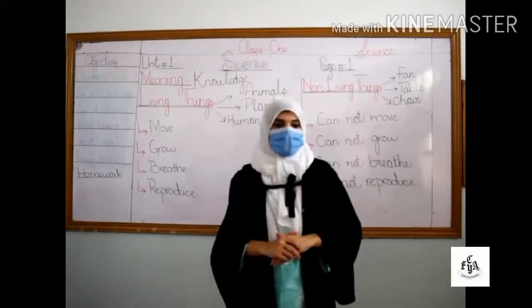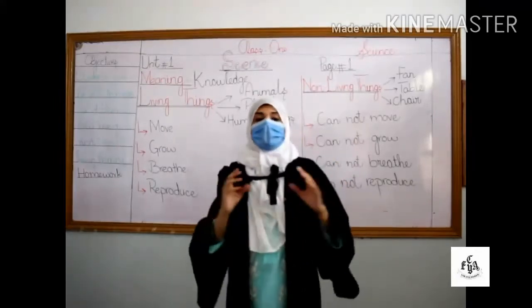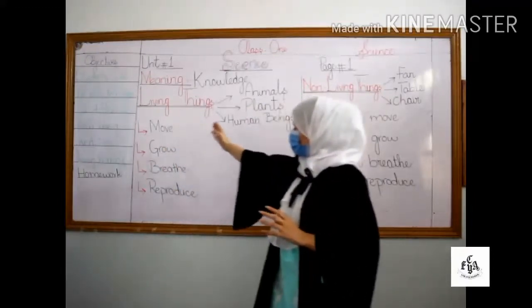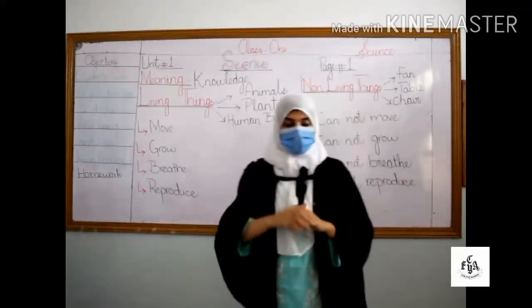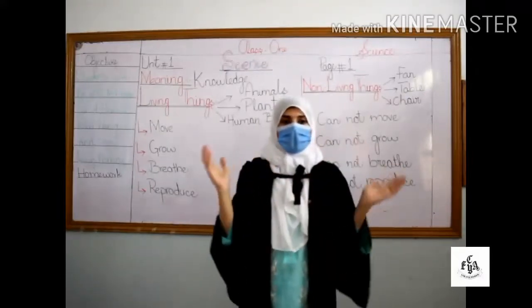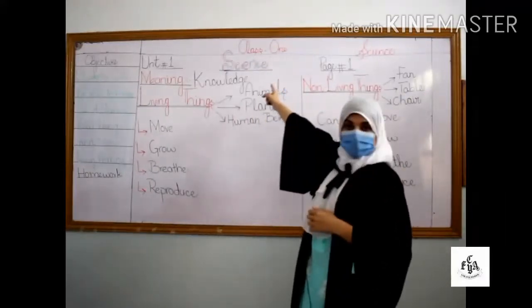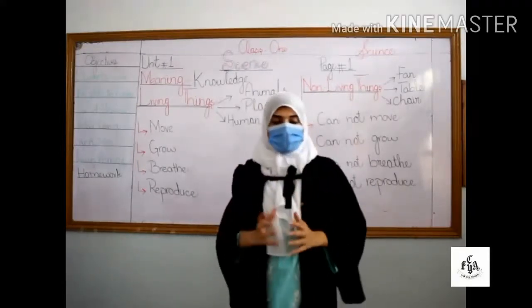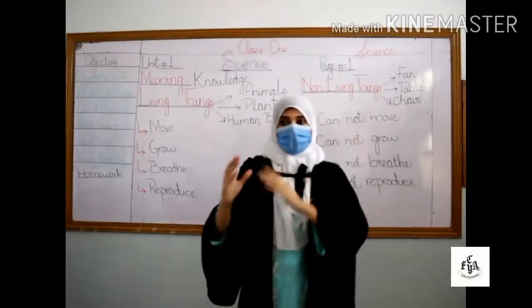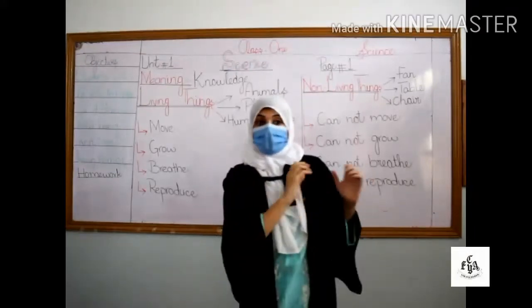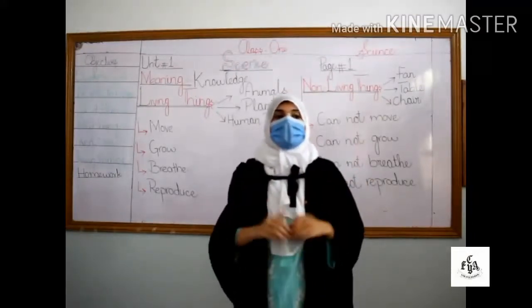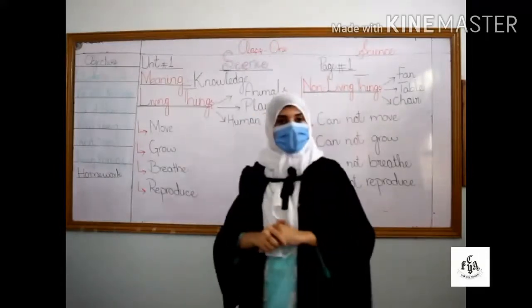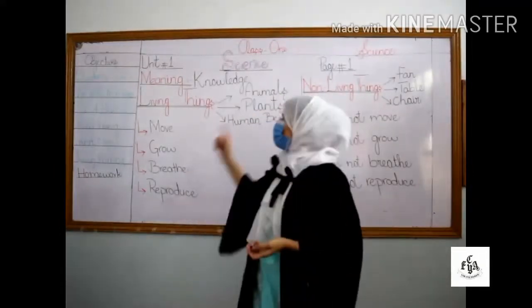Clear? Is that clear to you all? These are the main differences between living things and non-living things. These are all about science. Why? Because science gives us the ability to make a difference between things. Clear? I hope you understand today's topic, science.